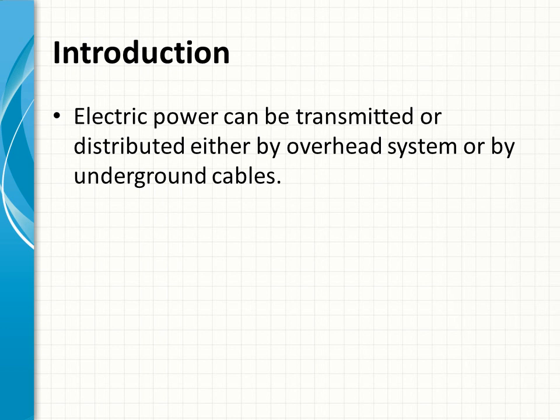We have several ways in which power can be transmitted from the substation to the load point. One, we can use underground cables, or we can use the overhead system. For now, we are going to start with the underground cables, so that at a later chapter we shall be able to go through the overhead system.